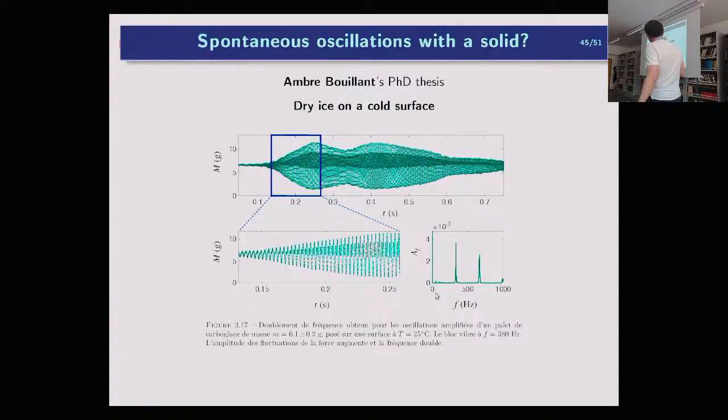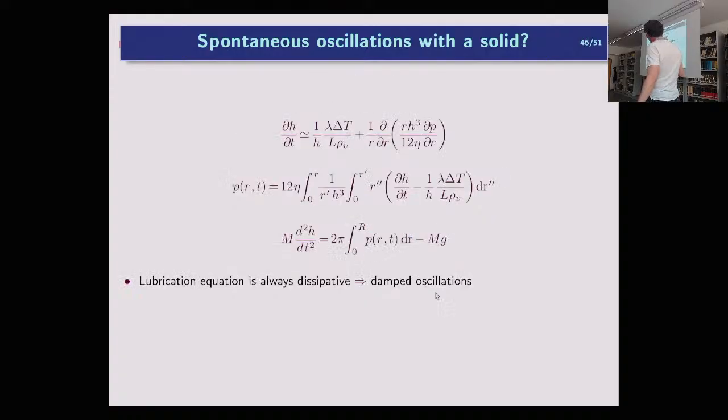I think this is a truly open question, because if you write the lubrication equation, which is probably extremely relevant in the very thin gas layer, then whatever you do, every instability is going to be damped by viscous effects. So there is no mechanism to amplify the oscillations.